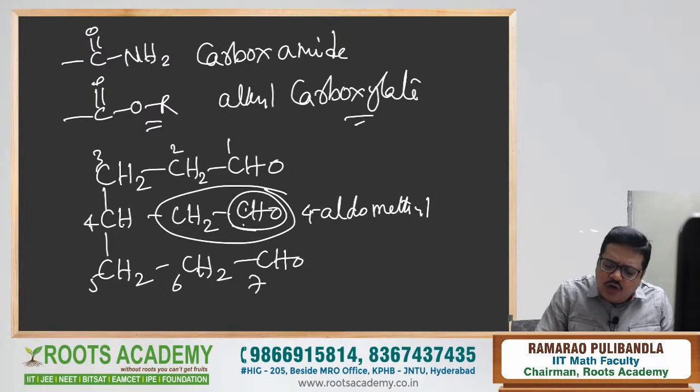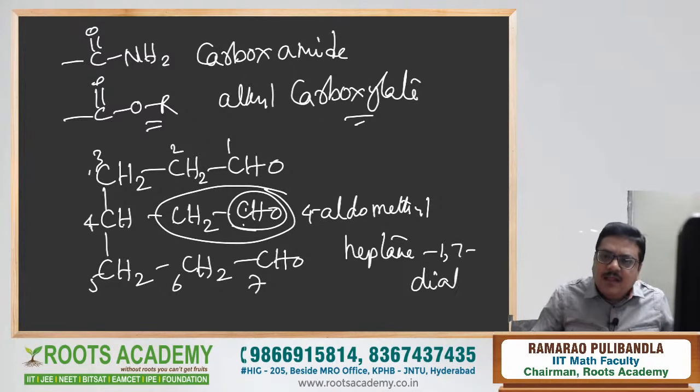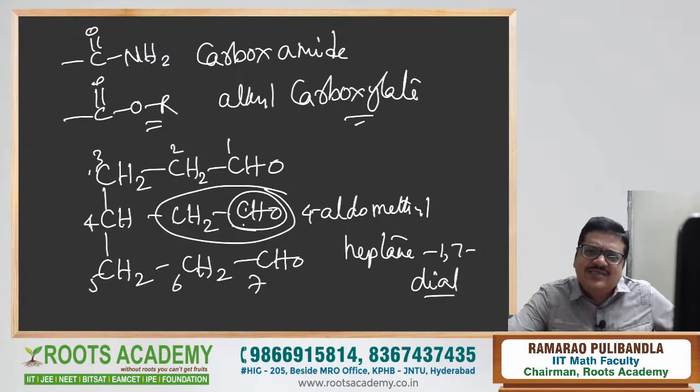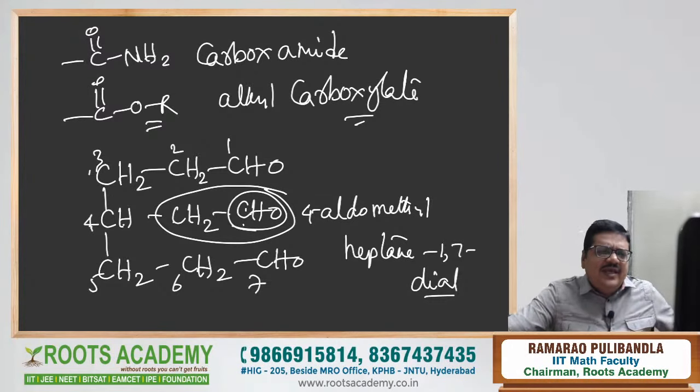So 4-aldomethyl, 1, 2, 3, 4, 5, 6, 7, heptane, 1,7-diol. Like that we have to write. Understood all of you?